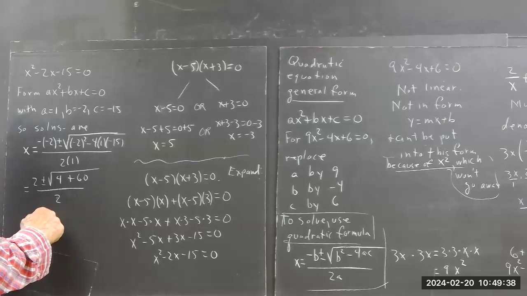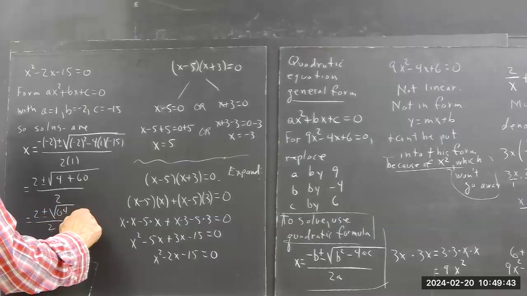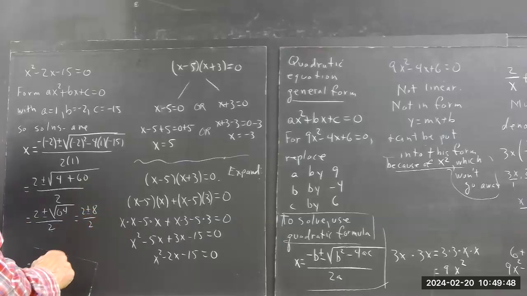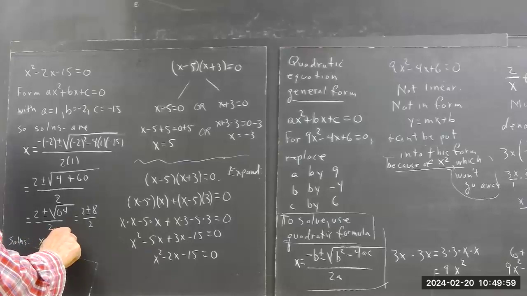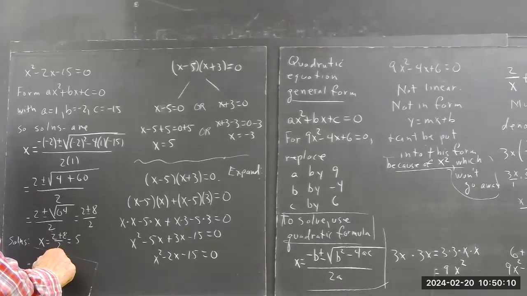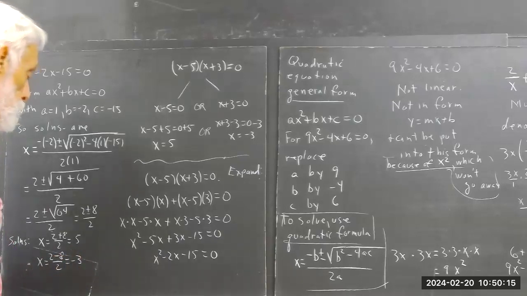So this is 2 plus or minus the square root of 64 over 2, which is 2 plus or minus 8 over 2. Okay. Our solutions are x equals 2 plus 8 over 2, which comes out 5. And x equals 2 minus 8 over 2, which is -3.